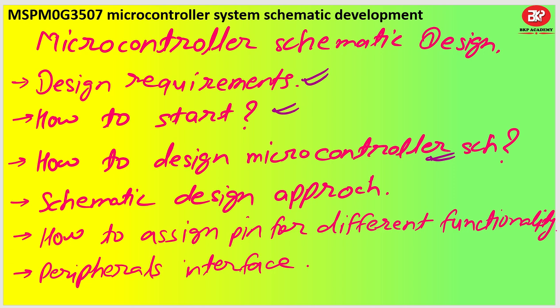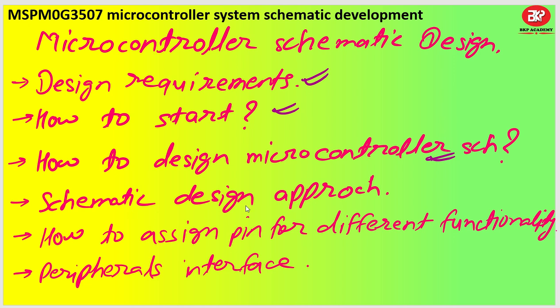Based on the number of pins we decide that, right? And also how we arrange the pins, port wise or pin number wise. We try to keep ports together, as well as all the power supplies separately.